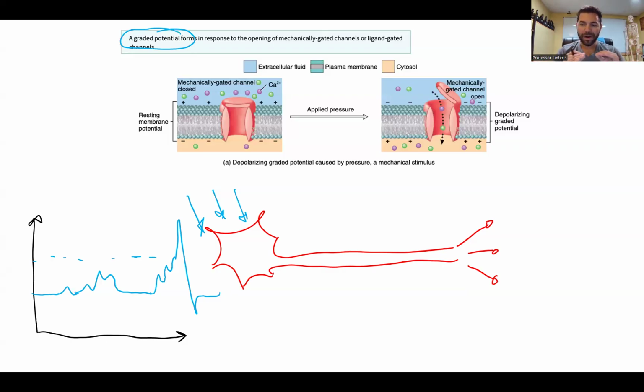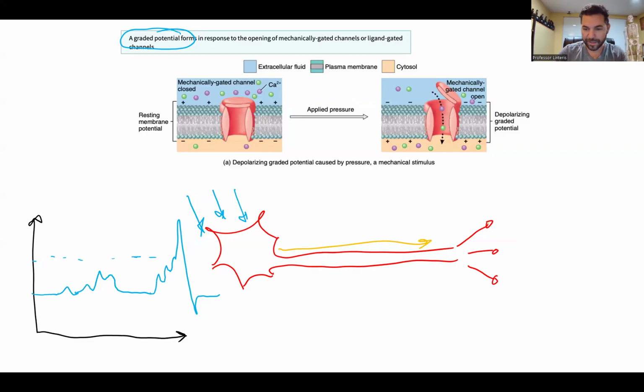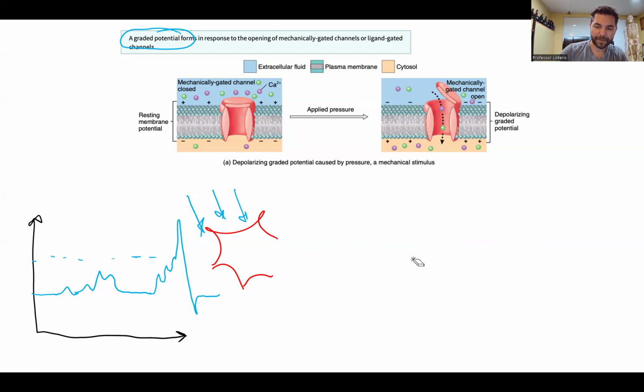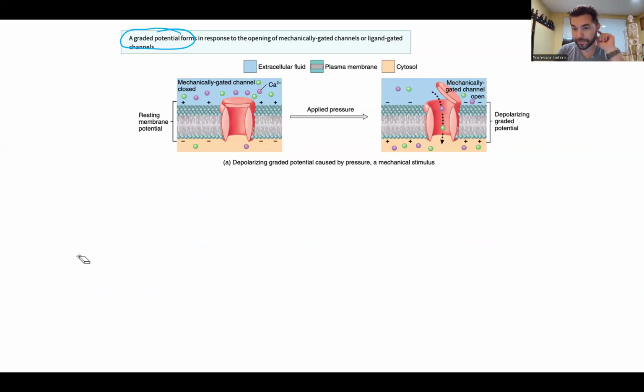So, what things can cause graded potentials? Obviously, once we reach threshold, right? We send a message, we're going to squirt out some neurotransmitters. That's how it works. So some things, try to clean this up for you a little bit here. Some things that can cause graded potentials are channels.